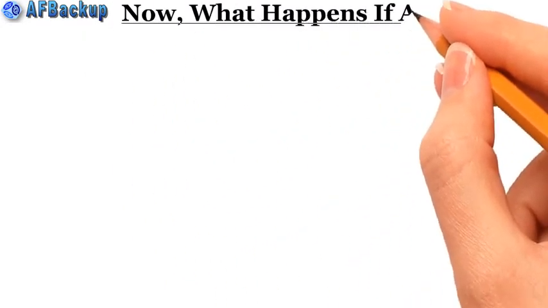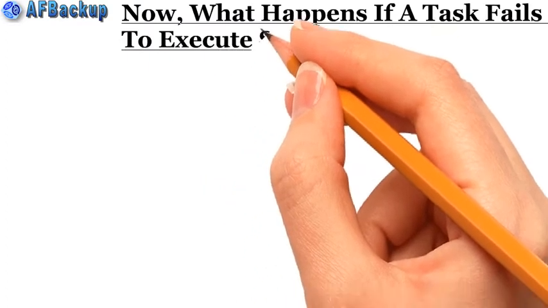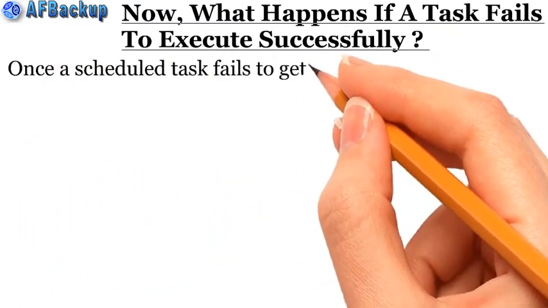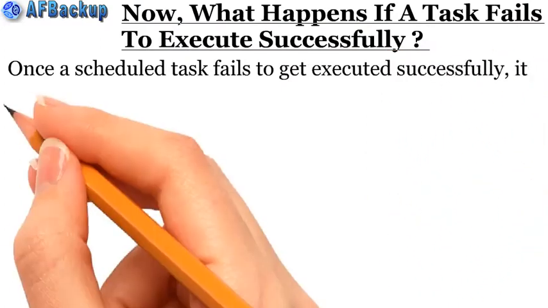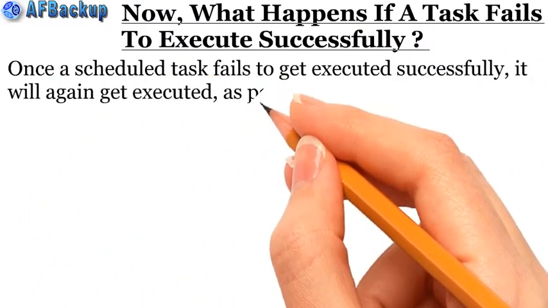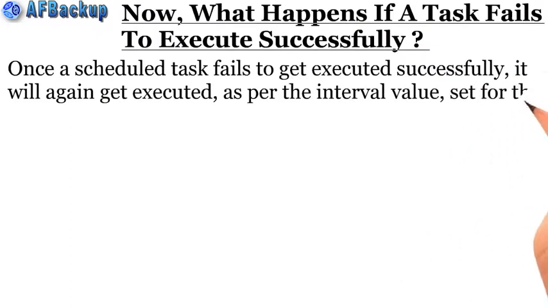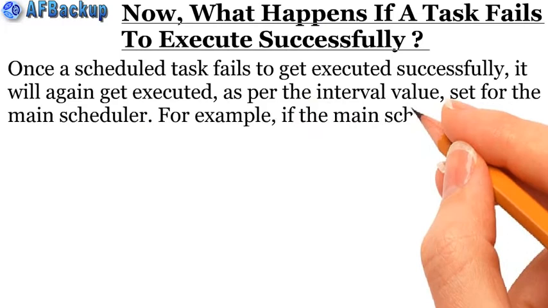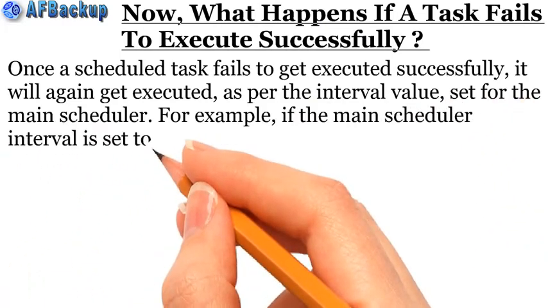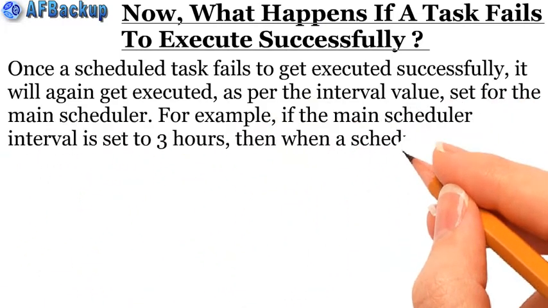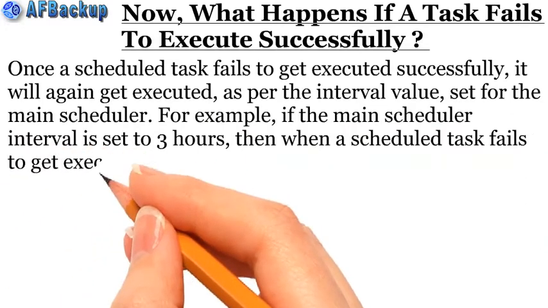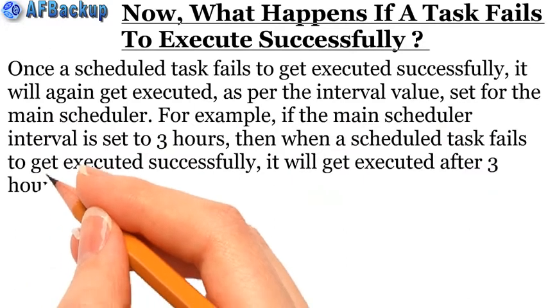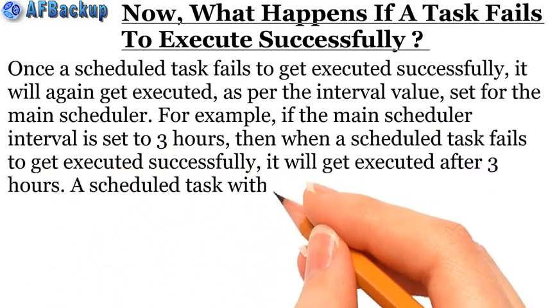Now, what happens if a task fails to execute successfully? Once a scheduled task fails to get executed successfully, it will again get executed, as per the interval value set for the main scheduler. For example, if the main scheduler interval is set to 3 hours, then when a scheduled task fails to get executed successfully, it will get executed after 3 hours.